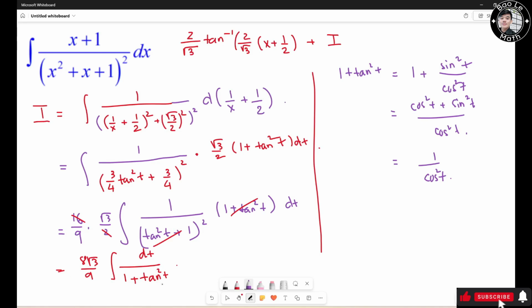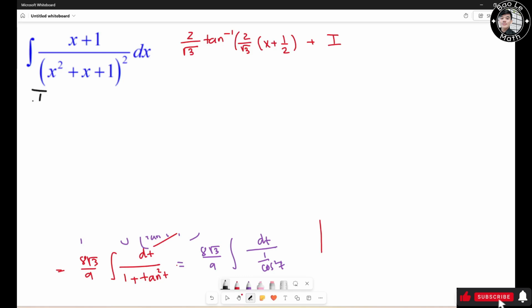So this turns out to be 8 root 3 over 9 times the integral of dt over 1 over cosine squared of t. Alright, so you have I equals 8 root 3 over 9. Now 1 over cosine squared of t, I just flip it, so it turns out to be the integral of cosine squared of t dt, right?